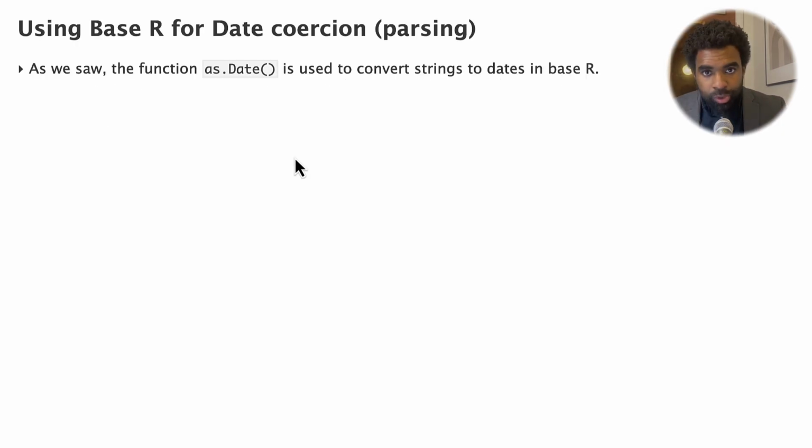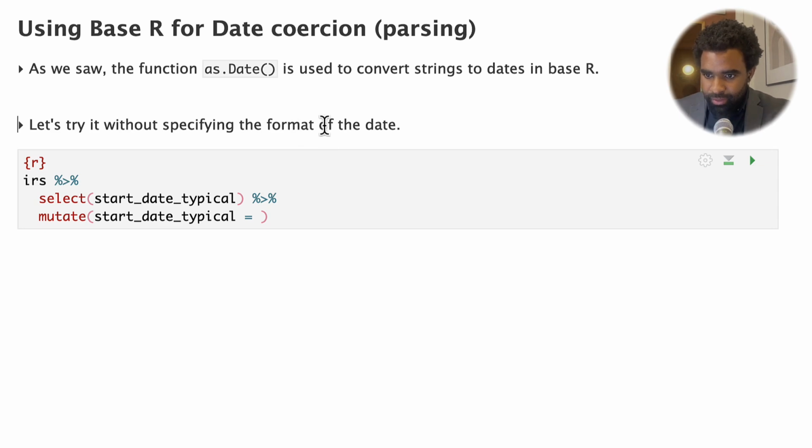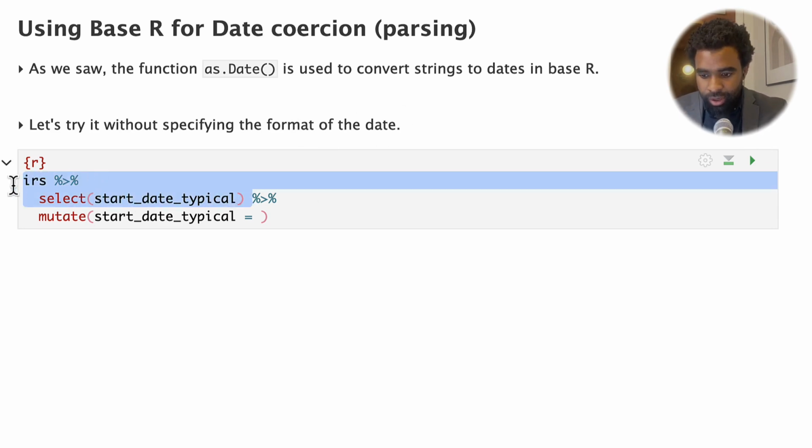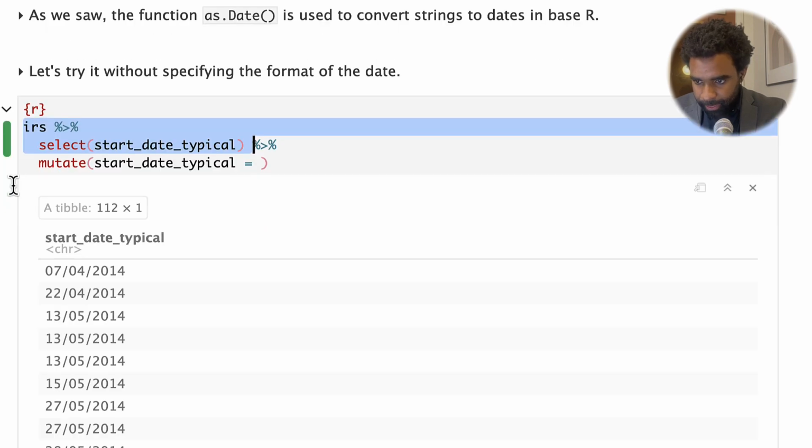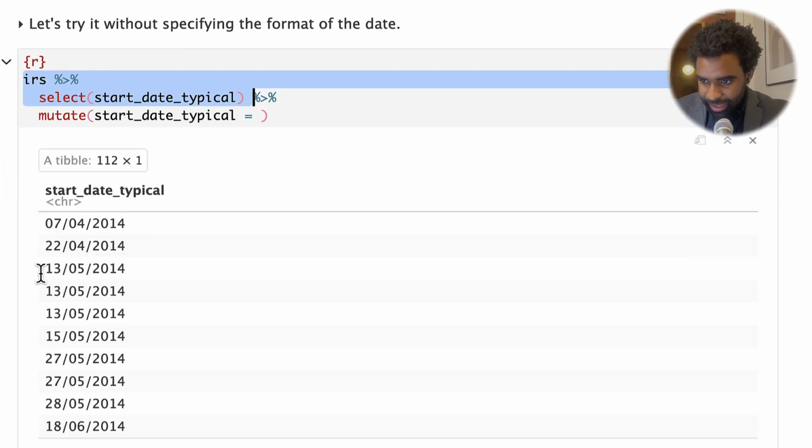Now the first option we're going to consider for parsing or coercing dates is the as.Date function that we already saw. As we saw then, this function as.Date is used to convert strings into dates in base R. And we're going to try it without specifying the format of our date. So let's take this start date typical column in our data frame. Okay, you can see its format here.